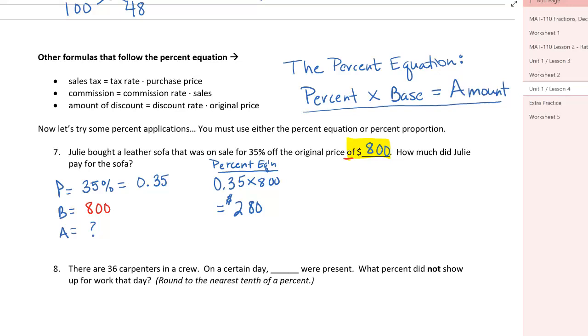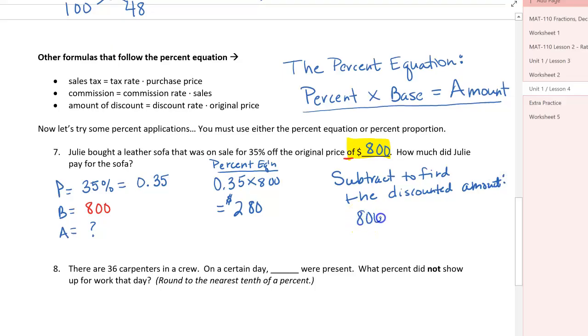So this is going to require an additional step that we didn't do on the front side. But we need to figure out what is $280 off of 800. So we need to subtract to find the discounted amount. And that would be 800 minus 280, which will give us the sale price of the sofa, which is $520.